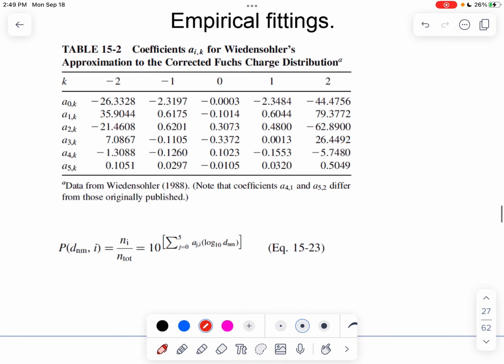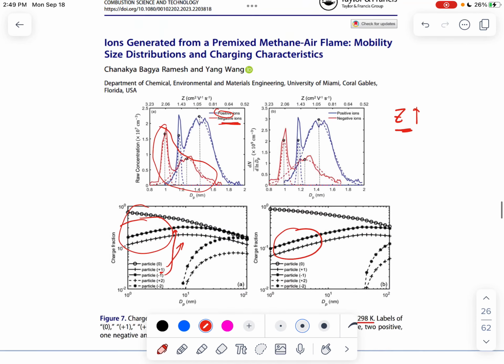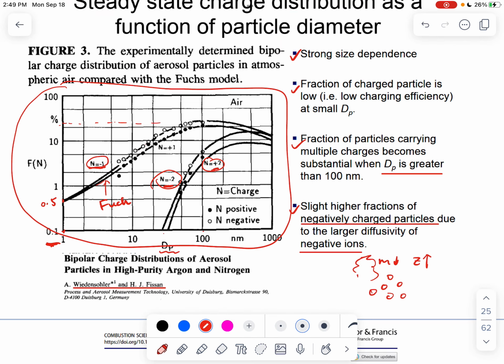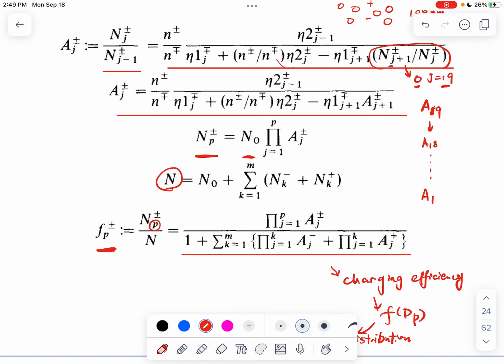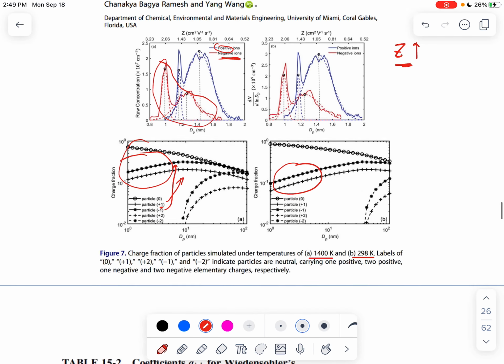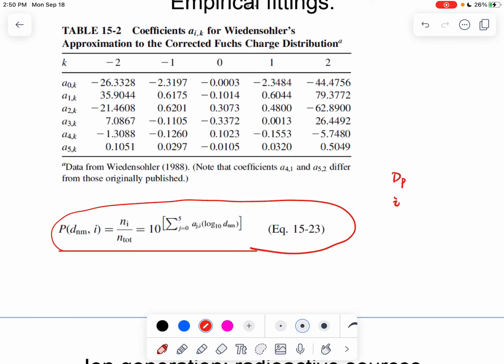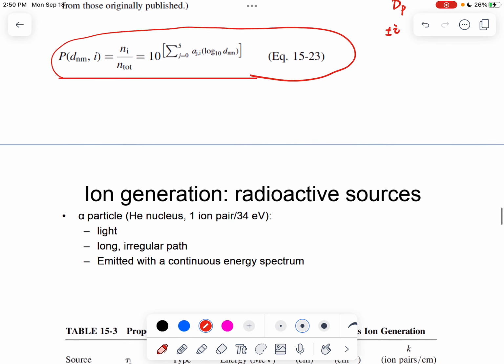So because of that, people found these empirical fittings to predict the charged fraction for particles of different sizes. With that empirical fitting, people don't need to do this calculation every time anymore. You could just use these equations to find out the charged fraction of particles at a specific size and also at a specific charging state, right? It can be plus or minus I charges, okay?